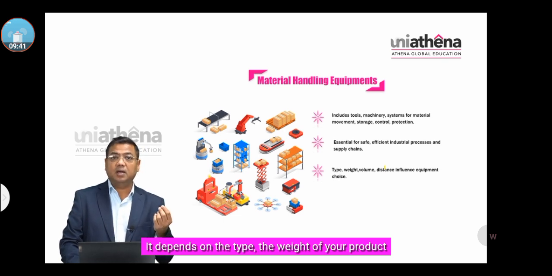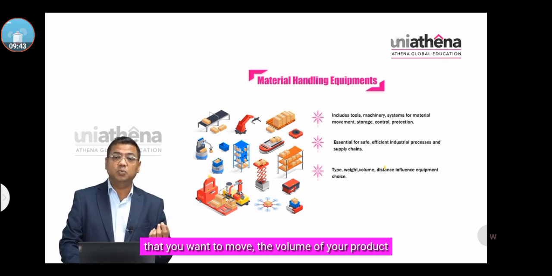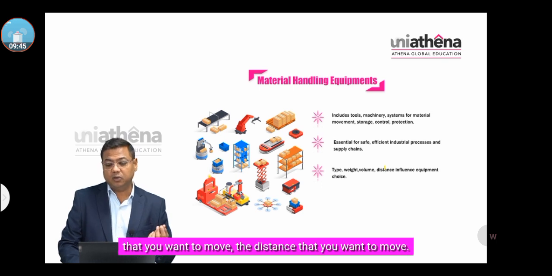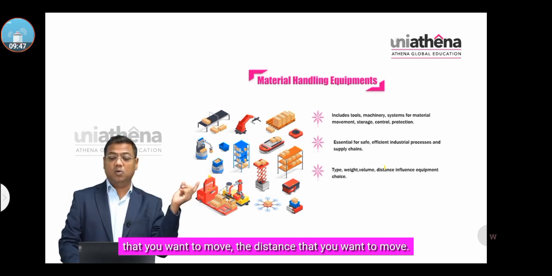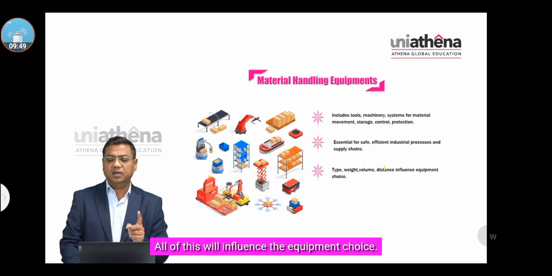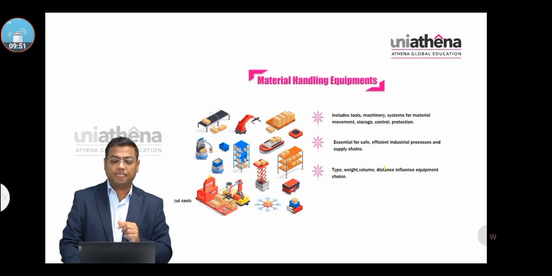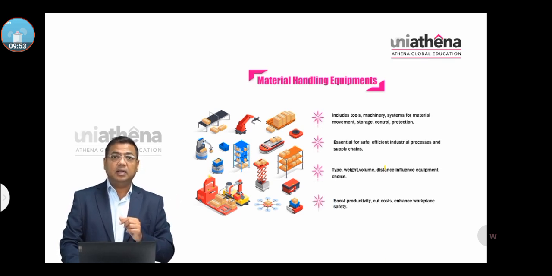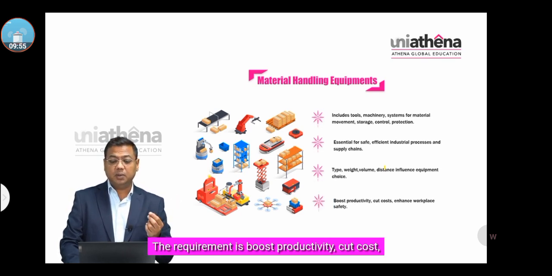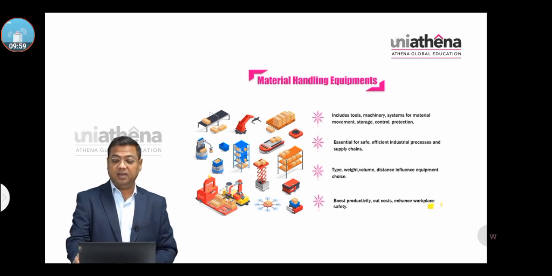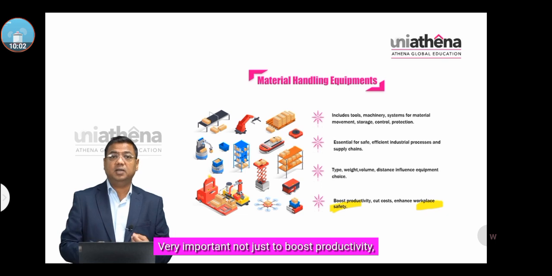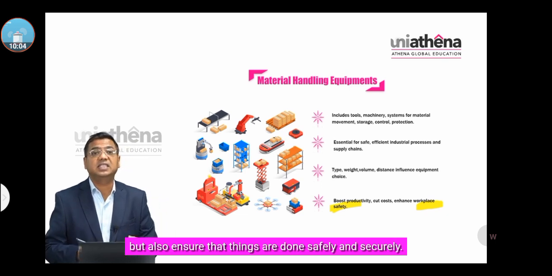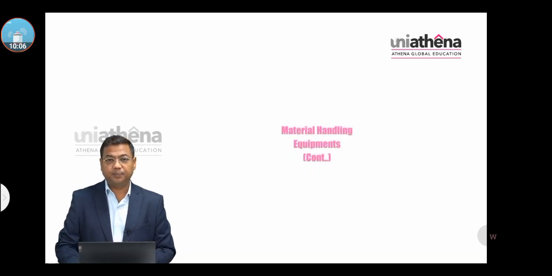It depends on the type, the weight of your product that you want to move, the volume of your product that you want to move, the distance that you want to move. All of this will influence the equipment choice. The requirement is to boost productivity, cut cost, enhance workplace safety. Very important, not just to boost productivity, but also ensure that things are done safely and securely.